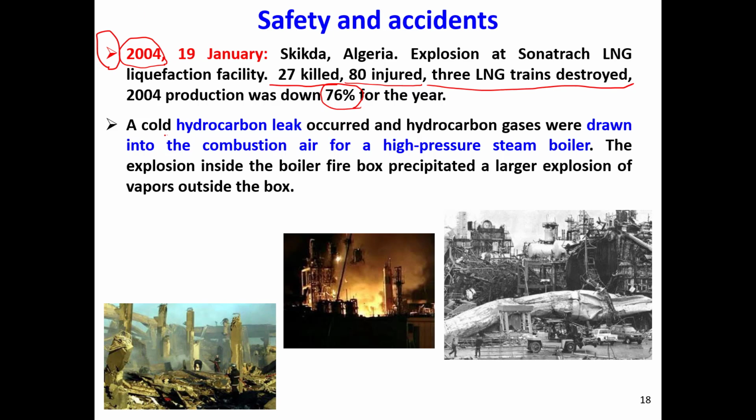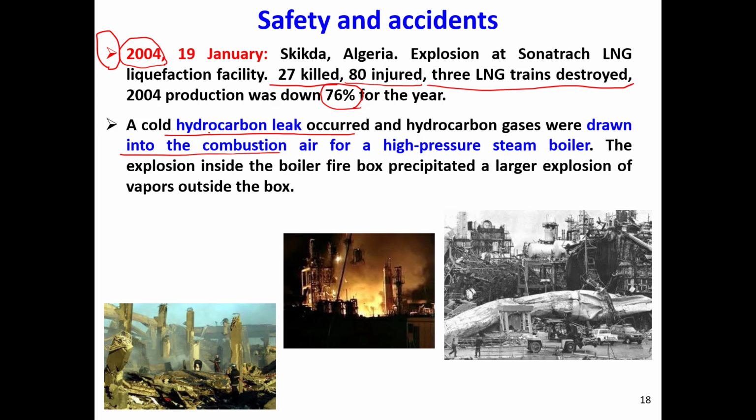A cold hydrocarbon leak occurred due to the failure of a piping or equipment. Then the hydrocarbon gas was drawn into the combustion air. You have a reboiler, a steam boiler, in the plant for many reasons. The boiler creates steam by burning fuel gases, and for burning that fuel they need air.